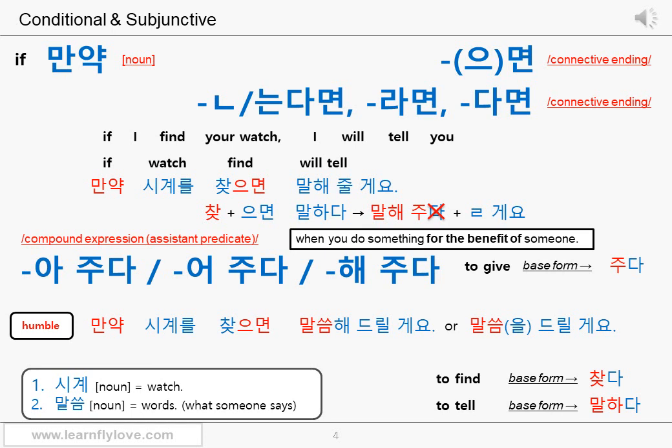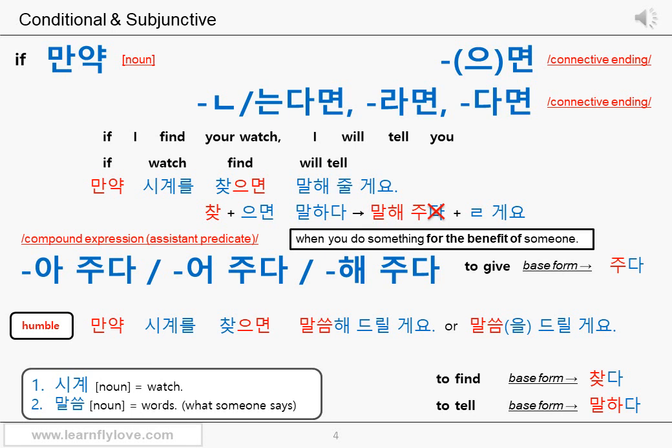This 말하다 is one of the noun plus 하다 verbs. 말 part is actually a noun. This noun 말 also has a higher respect form, which is 말씀. But you don't use a higher respect form for yourself. That is correct. Amazingly, this noun 말씀 can be a higher respect form and a humble form of the noun 말 at the same time. 말 means words, right?